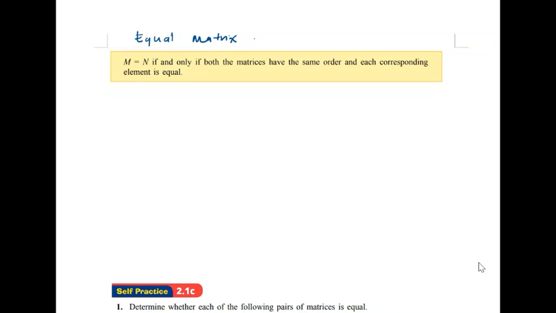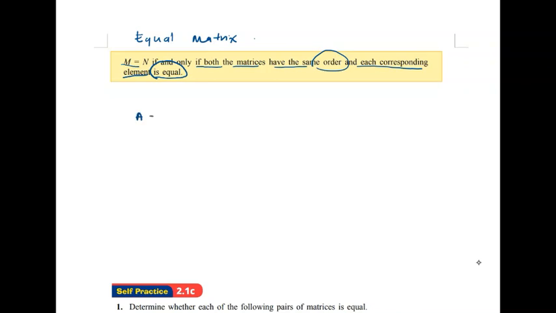Equal matrix. So what is an equal matrix? Matrix M is equal to matrix N if and only if both matrices have the same order and each corresponding element is equal. Two matrices are the same if they have the same order and every element is also the same.